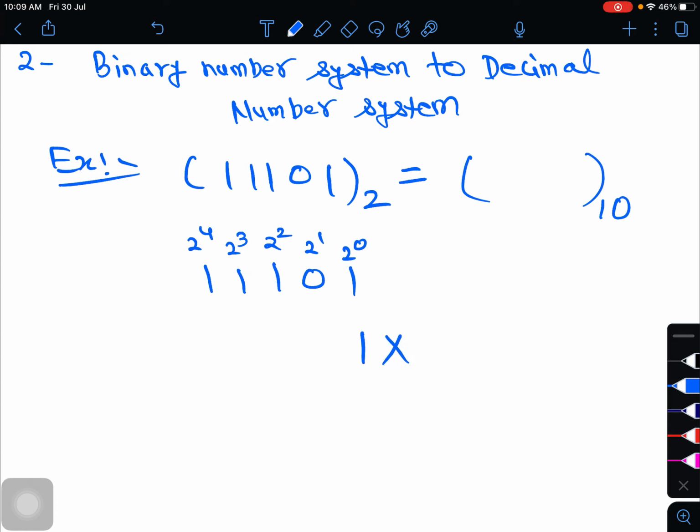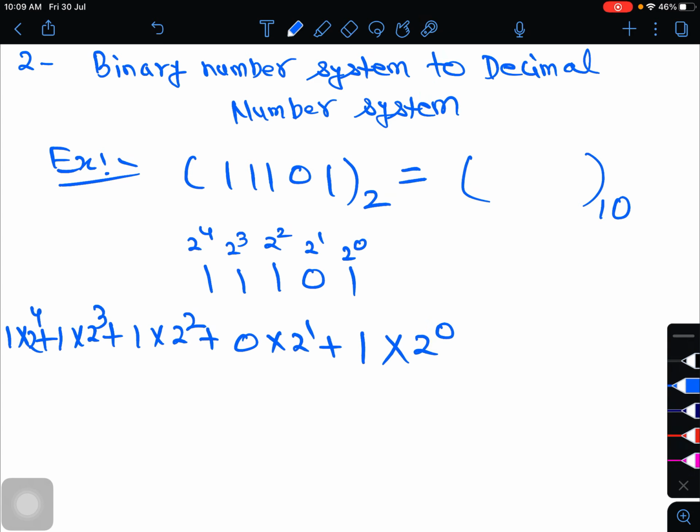So 1 into 2 to the power 0 plus 0 into 2 to the power 1, and so on, up to 1 into 2 to the power 4.